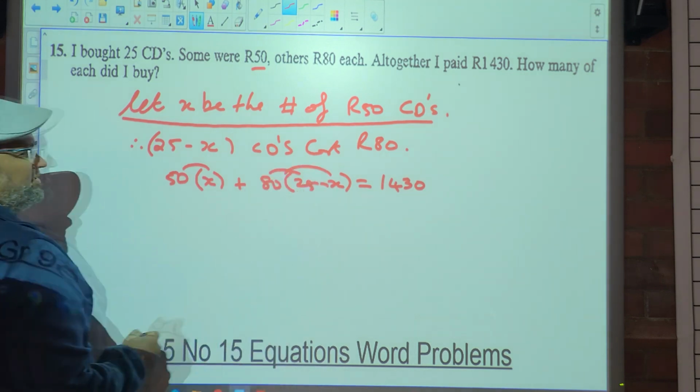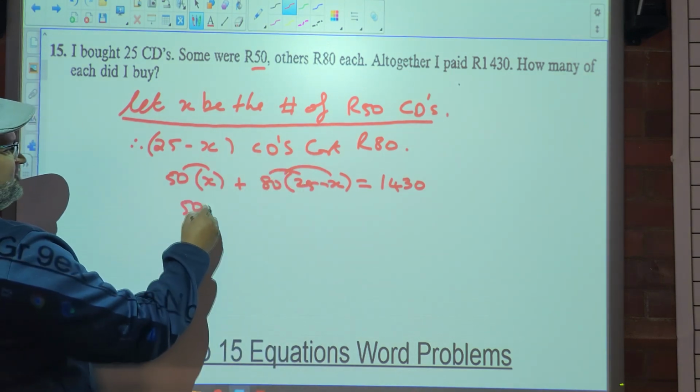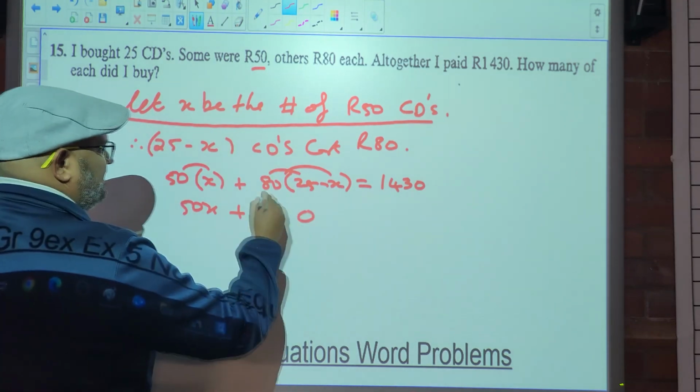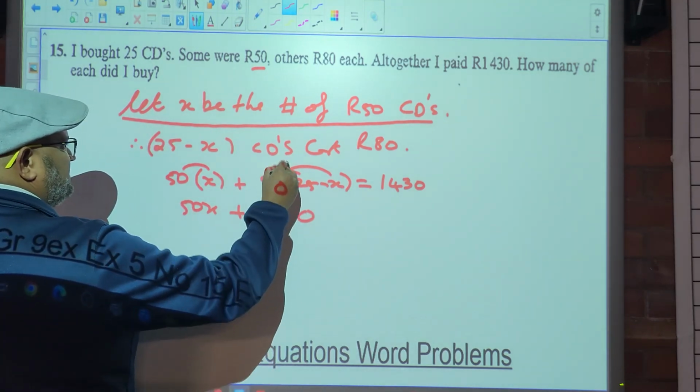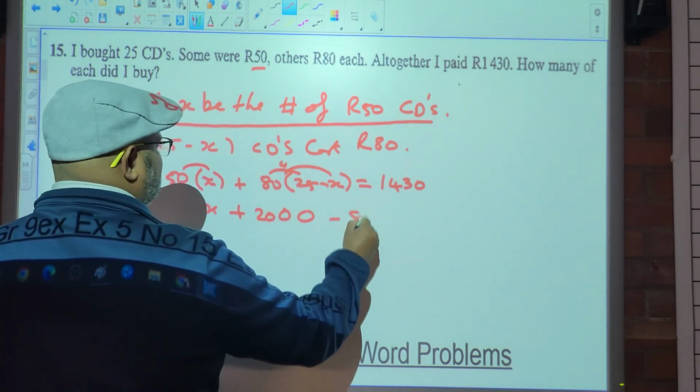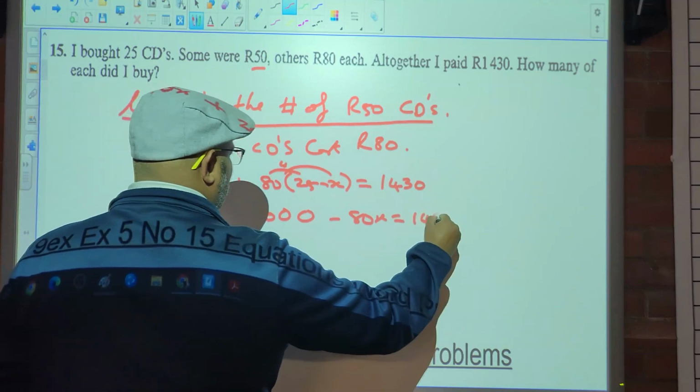From here, it is a simple calculation. It's going to give you 50X plus, now 80 times 25, 8 times 5 is 40, so 2,000. Minus 80x is equal to 1,430.